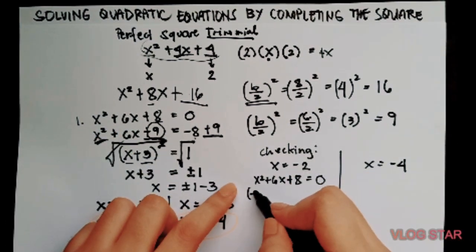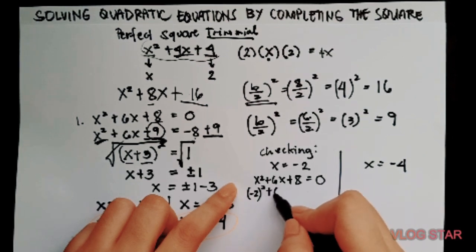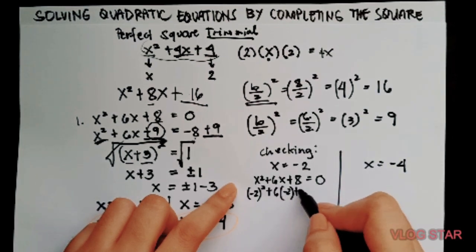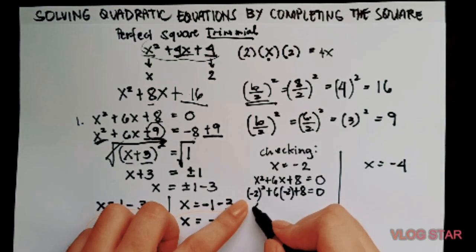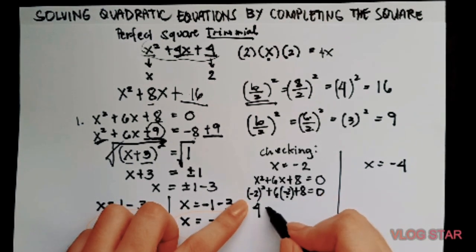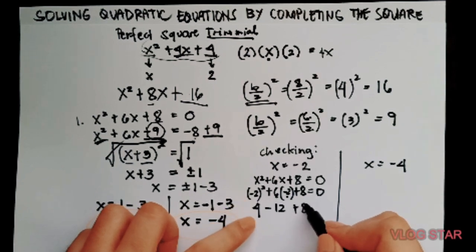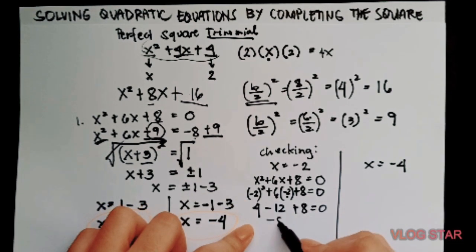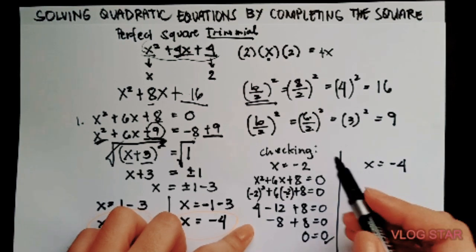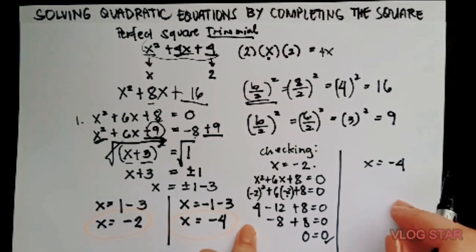So we're going to have negative 2 squared plus 6 times negative 2 plus 8 equals 0. The square of negative 2 is 4. 6 times negative 2 is negative 12. Copy plus 8. Is that equal to 0? 4 minus 12 is negative 8, plus 8. Is it equal to 0? Yes. Therefore, x equals negative 2 is correct.